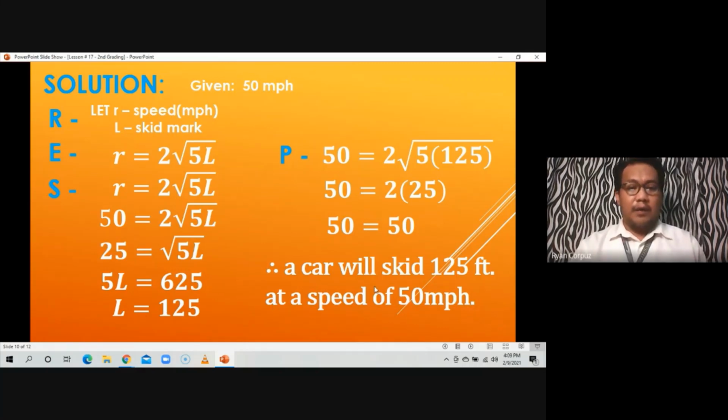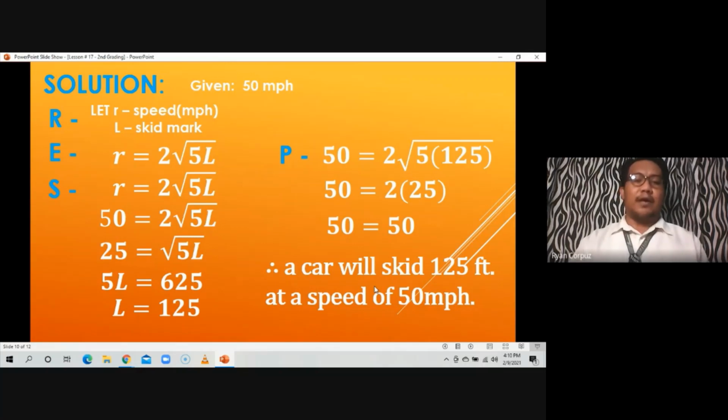So that's why yung conclusion natin, may unit of measurement, yung skid mark of a car, which is in terms of feet. So again, the conclusion is, therefore, a car will skid 125 feet at a speed of 50 miles per hour. So that's how we answer example number 4.